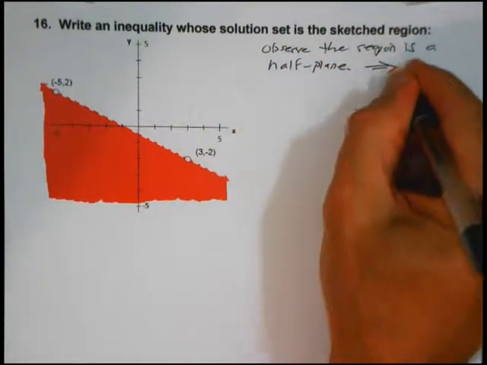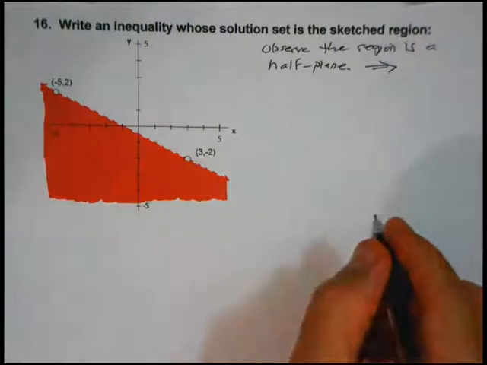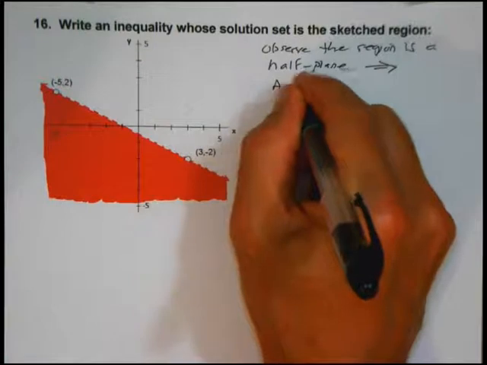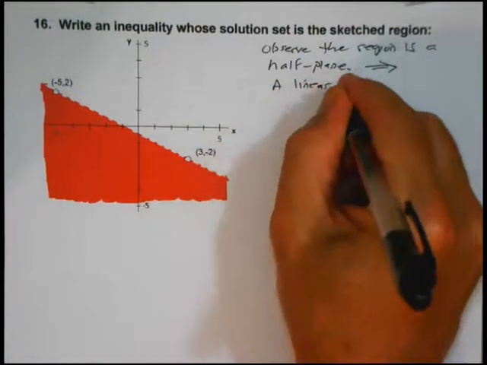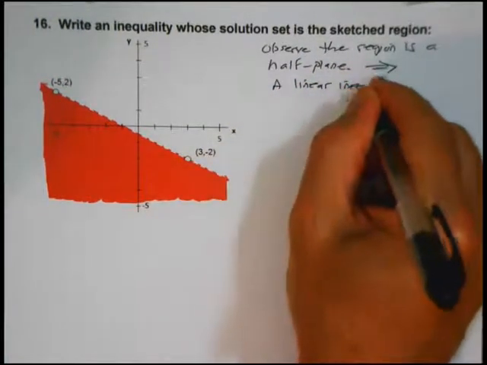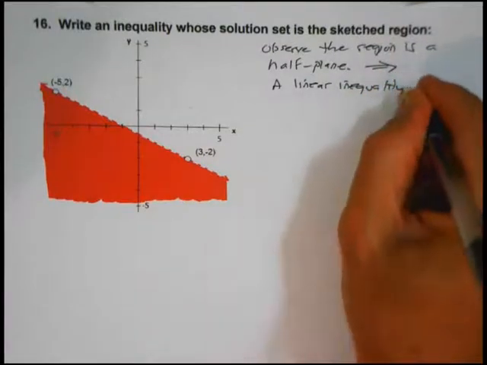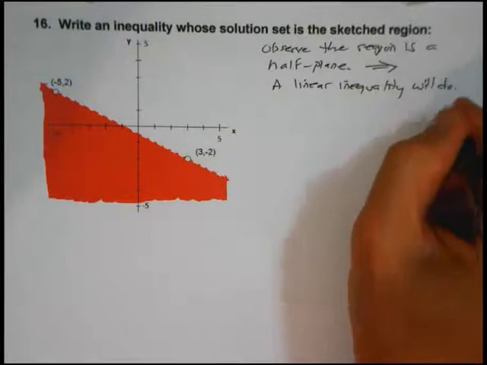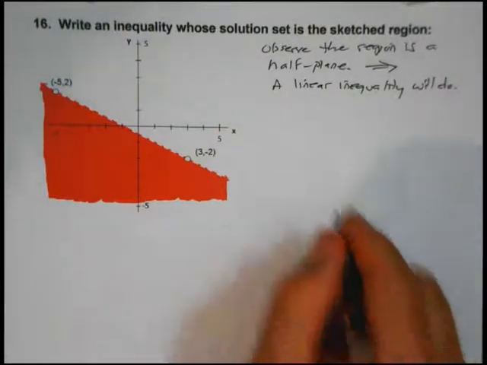And the implication there is then a linear inequality will do. Okay, we need the boundary line equation then.